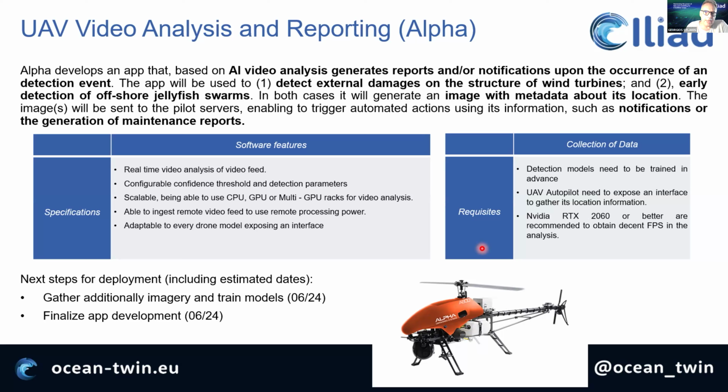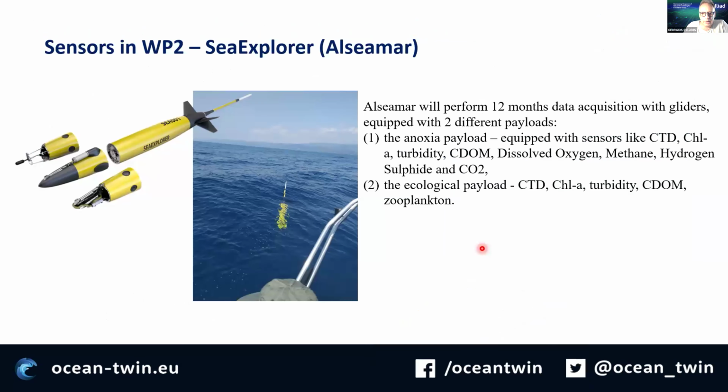We have data as images and videos. And of course, we need specially written algorithms to analyze all these images and video recordings, so that we are able to identify the presence, the occurrence of jellyfish or any external damage on the wind turbines.